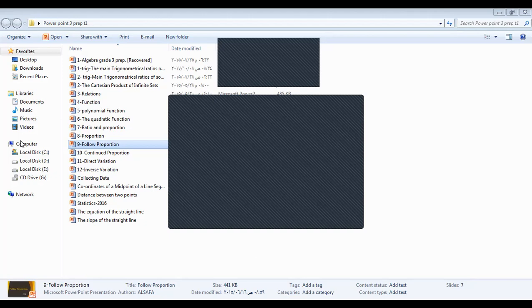We know that in any ratio, the number written up is called the antecedent, and the number written down is called the consequent. Or we can say first term, second term. The first term is called the antecedent, the second term is called the consequent. If we have ratio equals ratio equals ratio, it means proportional.